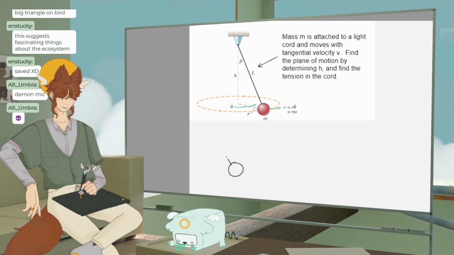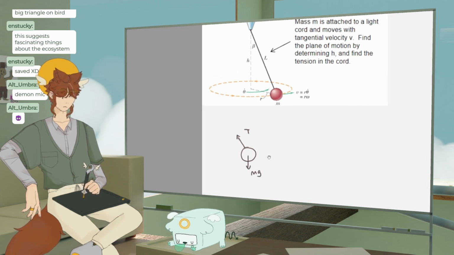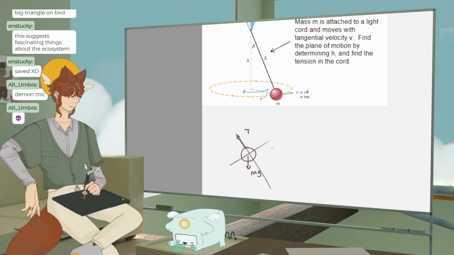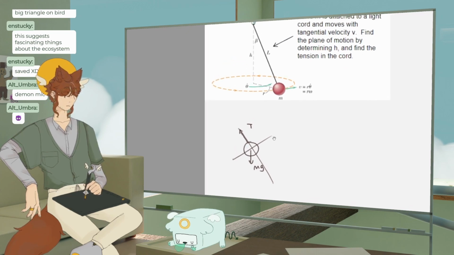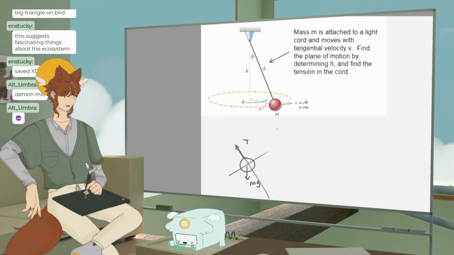So T, I don't need it to be that big. MG is going to go down. I want axes like this, I think. I don't think it matters too much. Any other forces? Nope, there's no lift, because it's got a tension that's keeping it up.